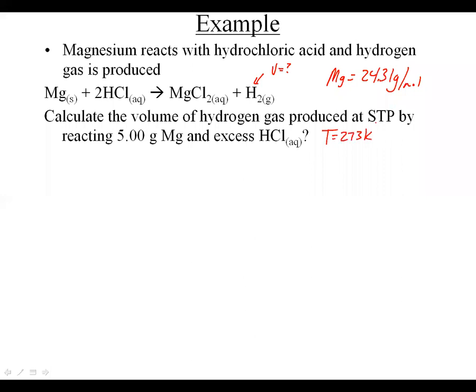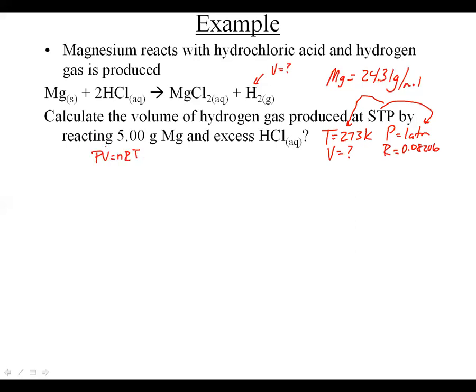The pressure is 1 atmosphere. And again, that is basically what STP stands for. And in this case, obviously, we're looking for a volume. We always have R, which is our 0.08206.